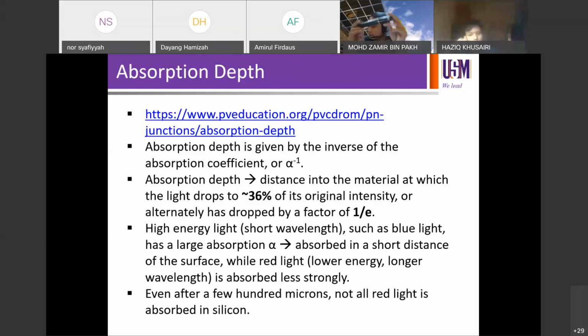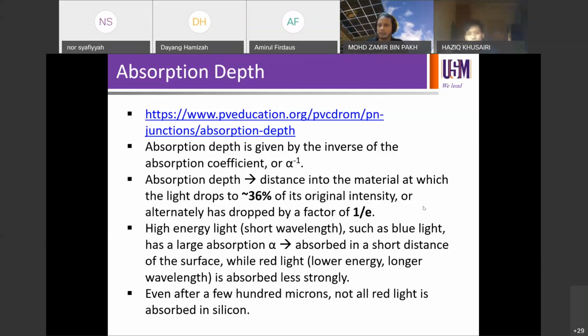For example, if you talk about a 300 micron silicon wafer, from the cross section, the first few microns on the surface will absorb the blue light, and the central part of the silicon wafer will absorb the visible region. And as you go to near IR onwards to IR, the photons from these regions will be absorbed at the back of the silicon wafer.